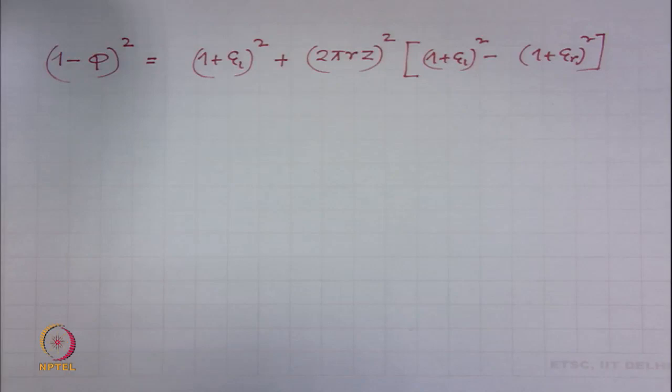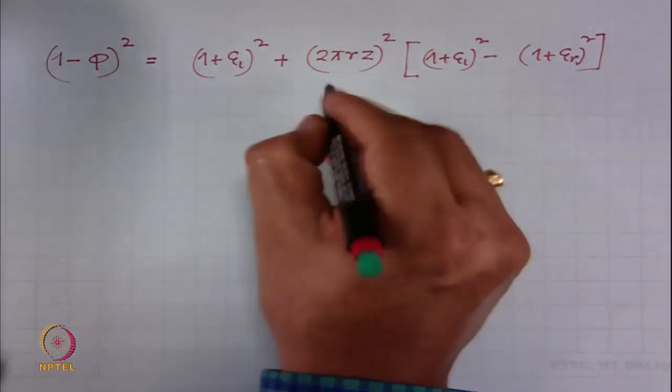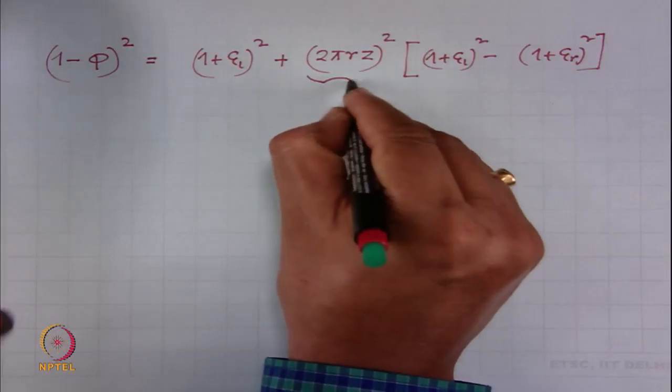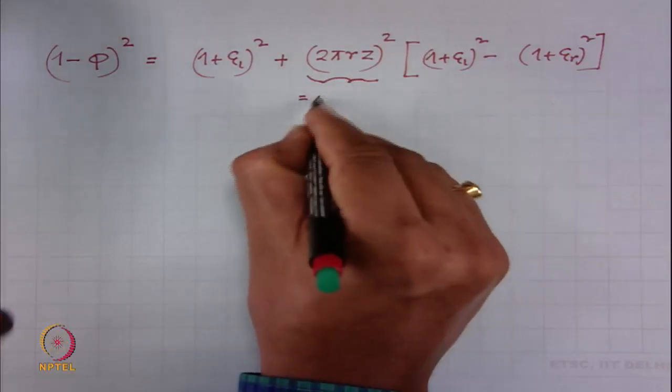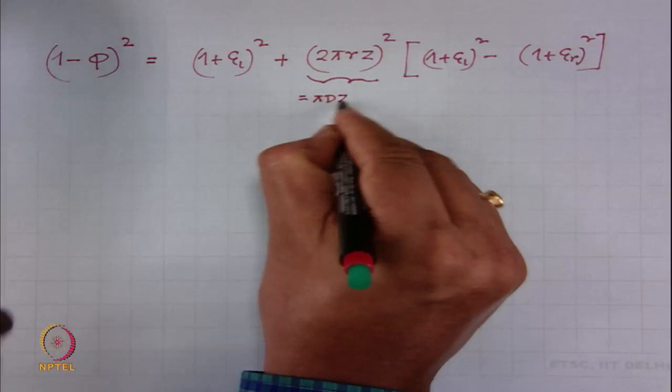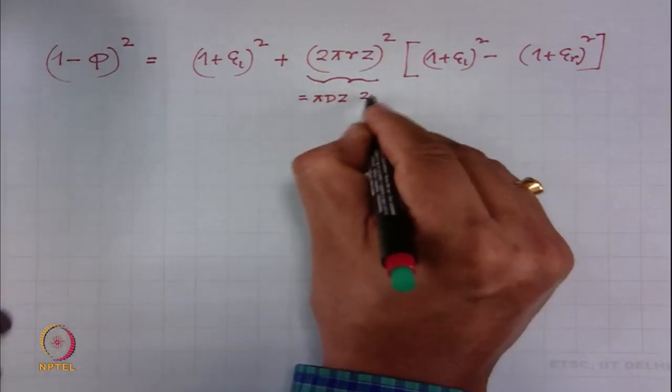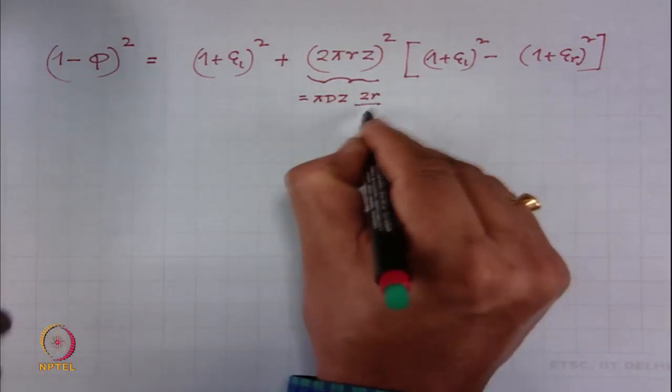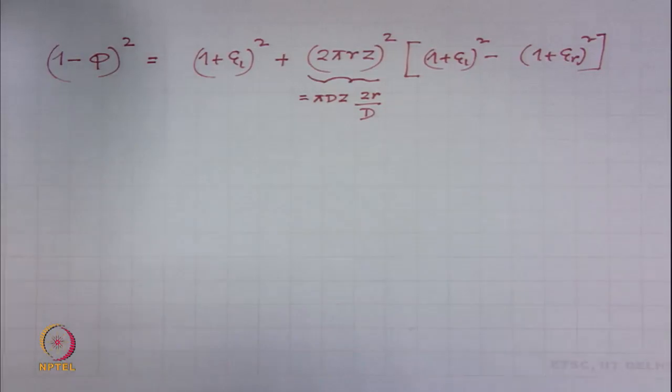Now, this 2 pi r z can also be written as pi d z into 2 r by d, right.